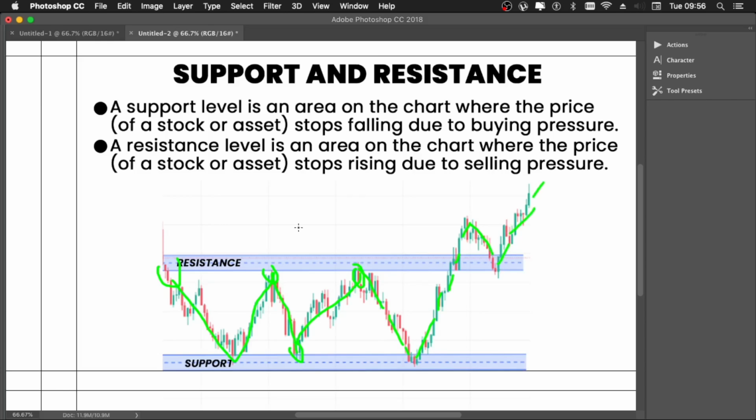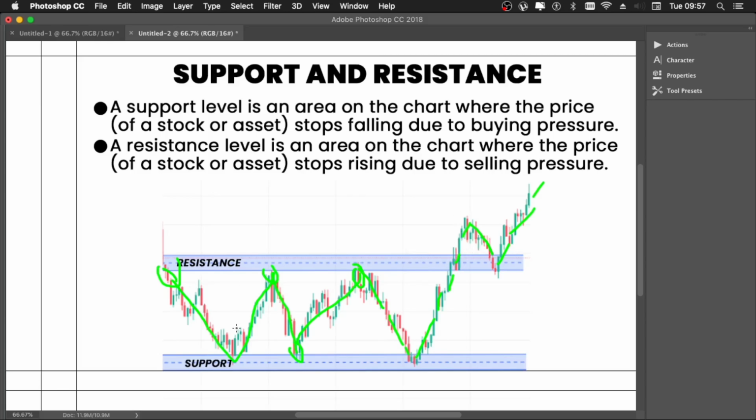This understanding of support and resistance gives us an edge in the forex market and helps us make informed decisions. We know the patterns that price moves in from the previous chart data presented by these candlesticks, and we can use it to predict future possible movements of the market.